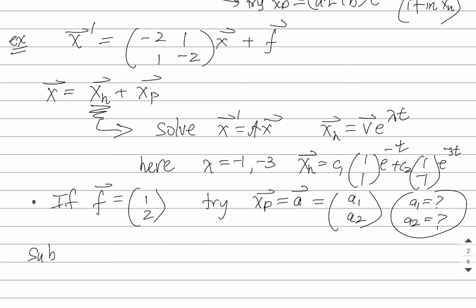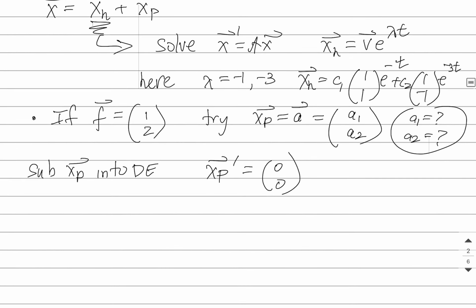To do that, we have to substitute this into our differential equation. If XP is just a constant, we need its derivative, which will simply be the 0 vector. Now, when we plug this into our system, x prime equals AX plus f, here's what we're going to get.